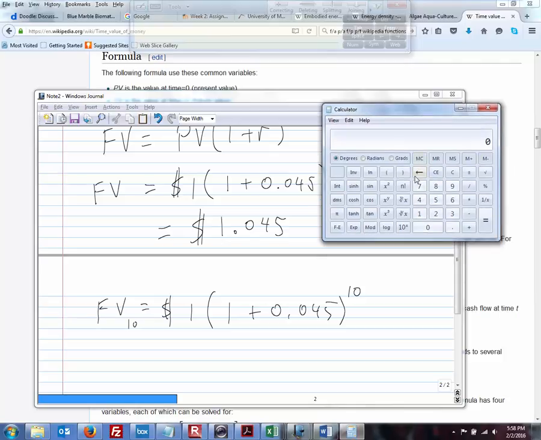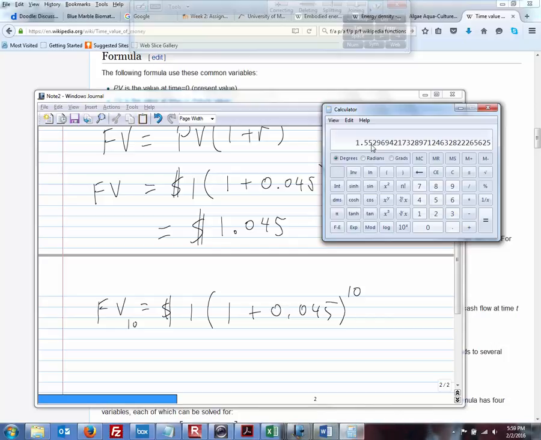Let's see if we can do it. 1 plus 0.045 equals, so there's our 1.045. And now I think there might be an x to the y button here. There it is. So now it's saying 1.045 to the 10th power equals $1.55. So I just did it on my calculator, kind of old school.